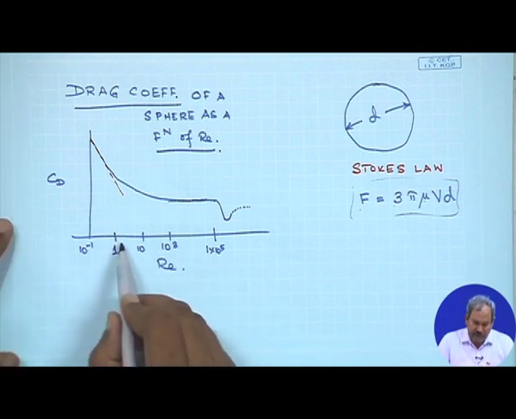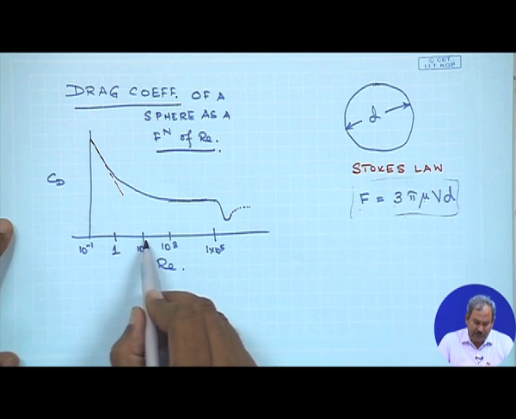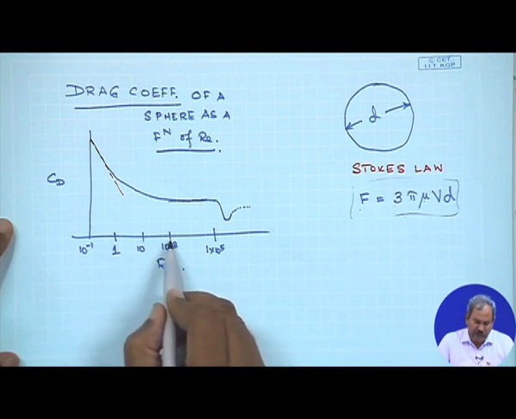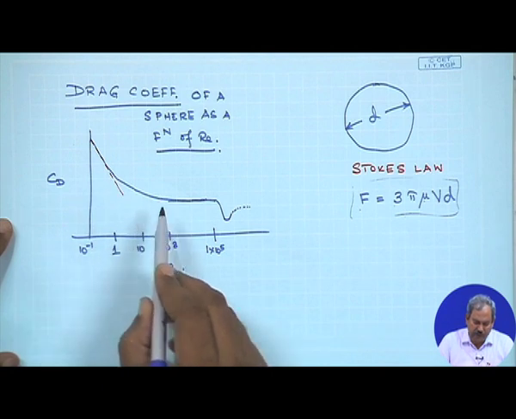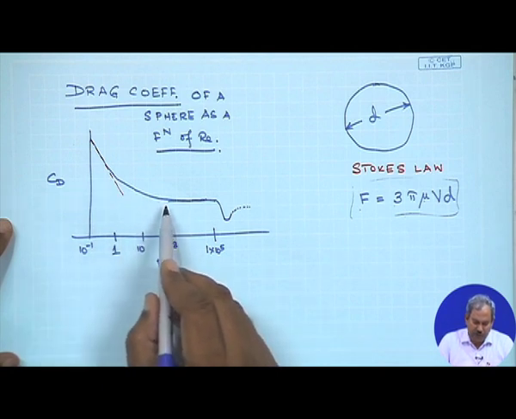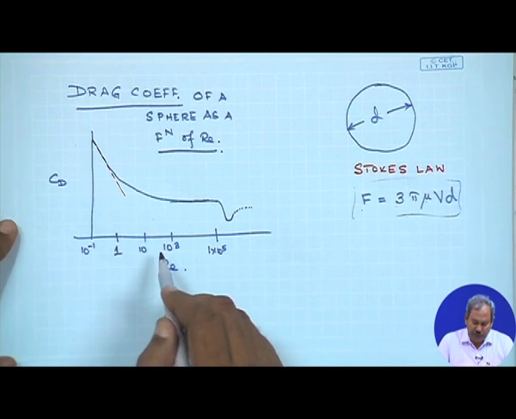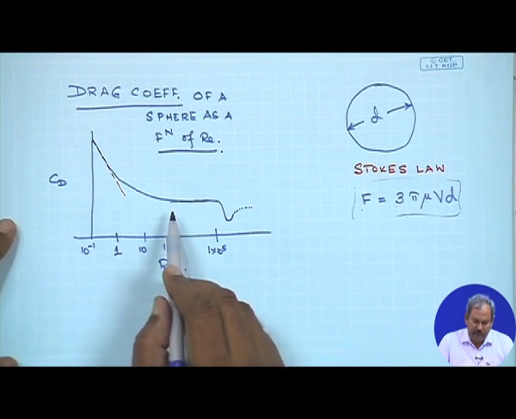As Reynolds number is increased beyond, let us say, up to 10 to the power 3, CD starts to drop continuously, and as a result of flow separation, the drag is going to be a combination of frictional drag and pressure drag.